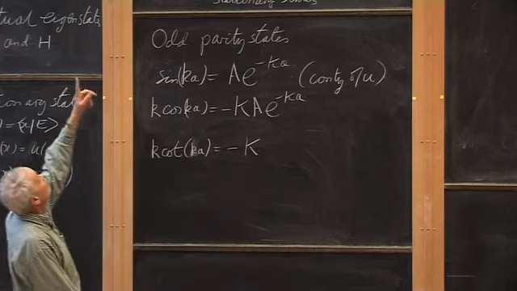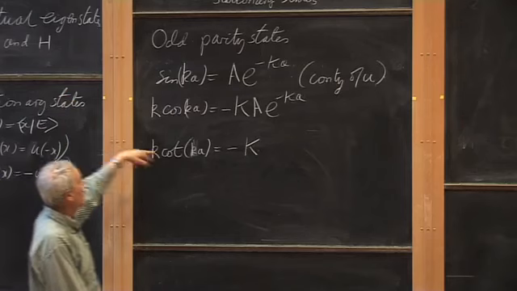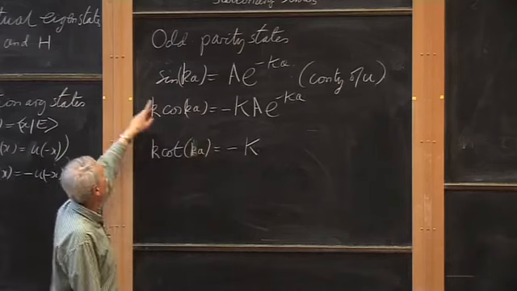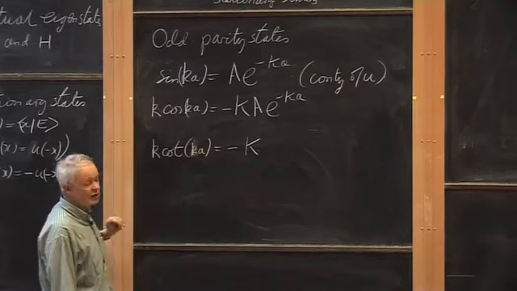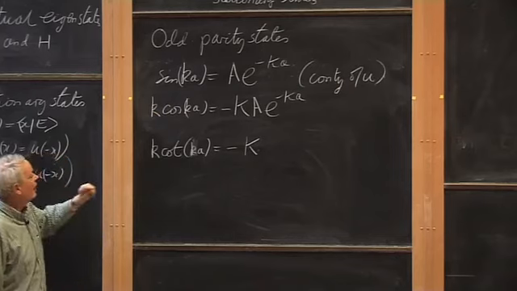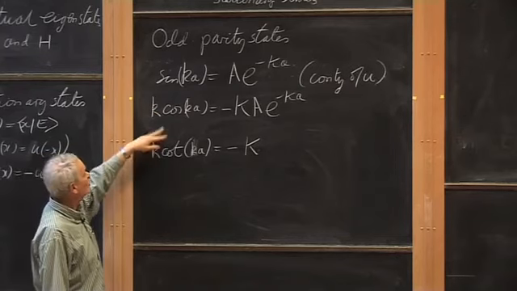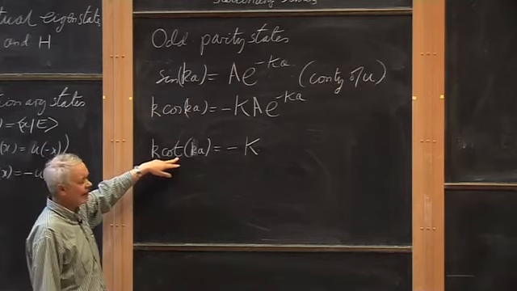Previously we had a pair of minus signs which cancelled. Now we have only one minus sign because we differentiated a sine, we didn't differentiate a cosine. And correspondingly we have a cotangent instead of a tangent.